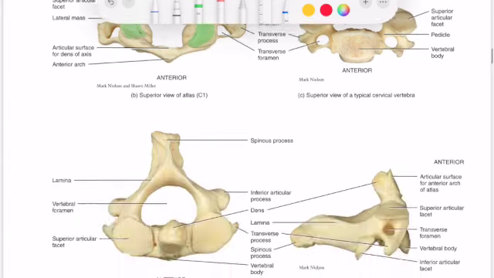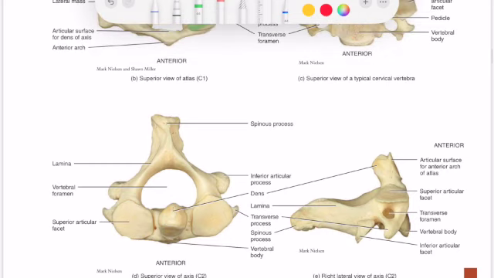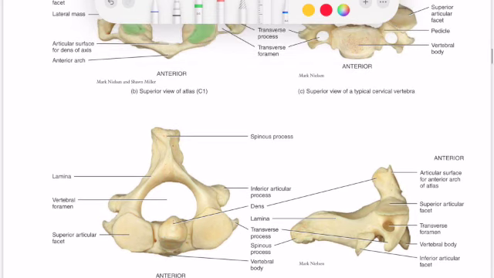Okay, so moving on to the axis here, we notice right off the bat we have the dens, and it's this thing pointing out like that. And then on this anterior view, it's this guy here. So that is the main distinguishing characteristic of the axis.